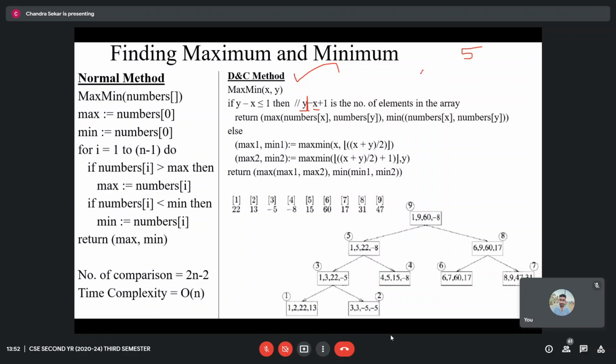The index starts with 0, 1, 2, 3, and 4. So this will be x and this will be y. So y minus x plus 1 will give the total number of elements in the array. So here x and y indicate the indices of the first and last elements in the array.